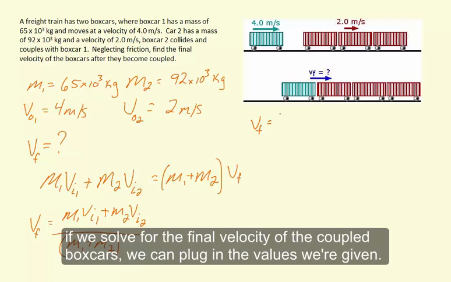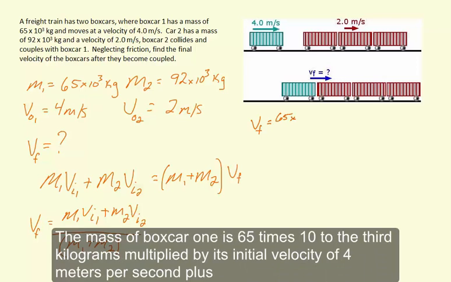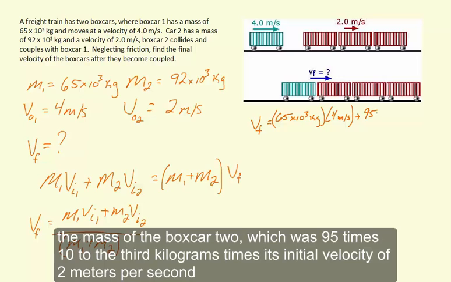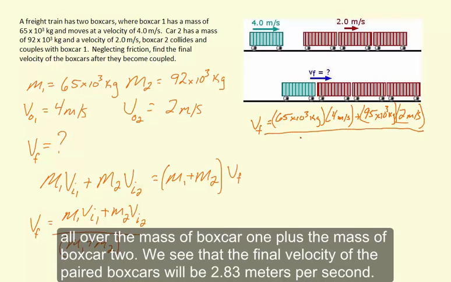If we solve for the final velocity of the coupled boxcars, we can plug in the values we're given. The mass of boxcar 1 is 65 times 10 to the third kilograms, multiplied by its initial velocity of 4 meters per second, plus the mass of boxcar 2, which was 95 times 10 to the third kilograms, times its initial velocity of 2 meters per second, all over the mass of boxcar 1 plus the mass of boxcar 2.